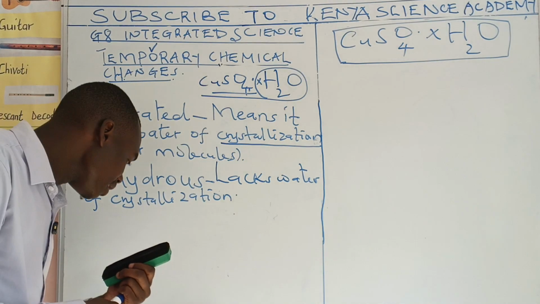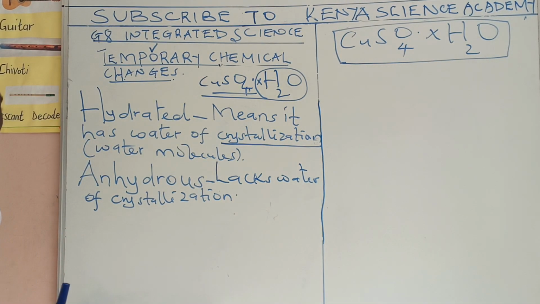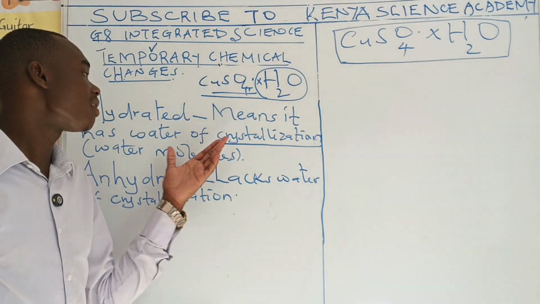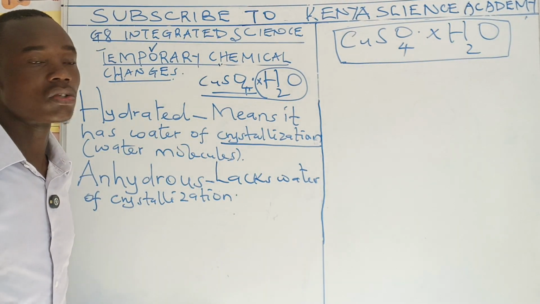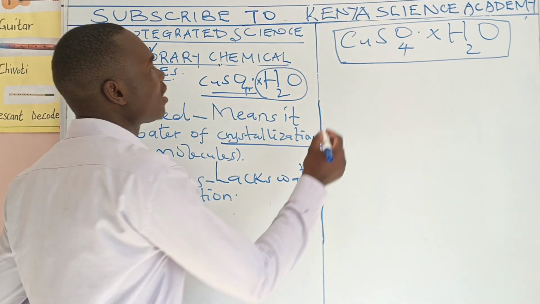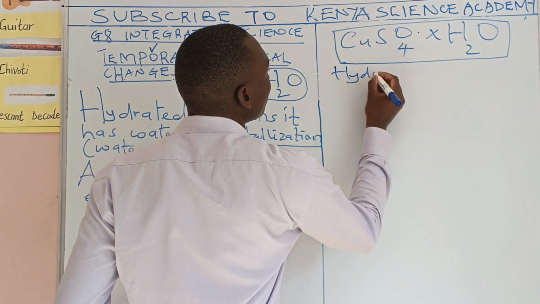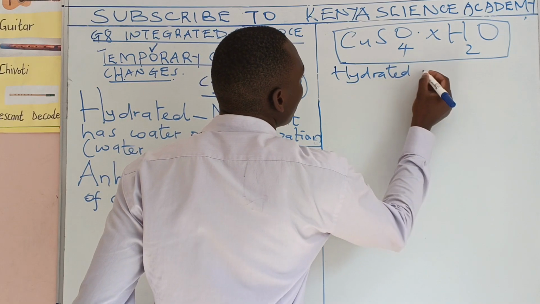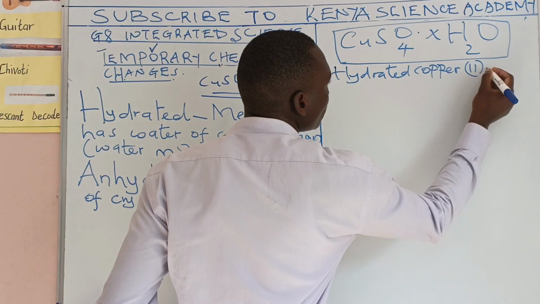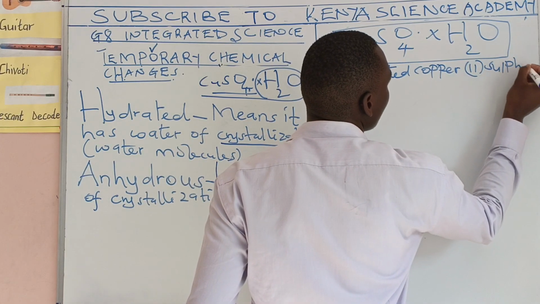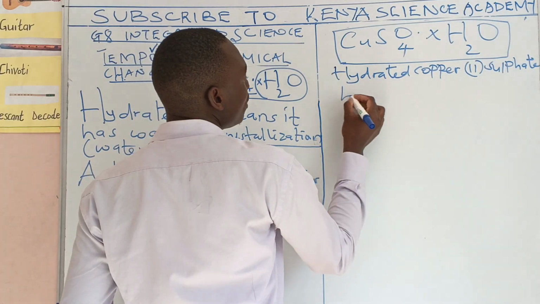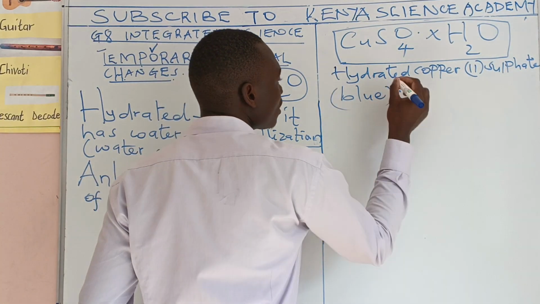Anything that is anhydrous lacks water. Anything that is hydrated has water. So in this case, when we heat hydrated copper 2 sulfate, with the 2 in Roman numerals, it is blue in color.